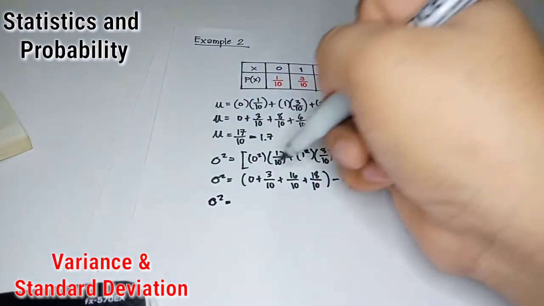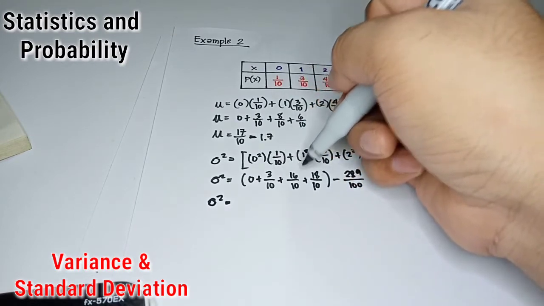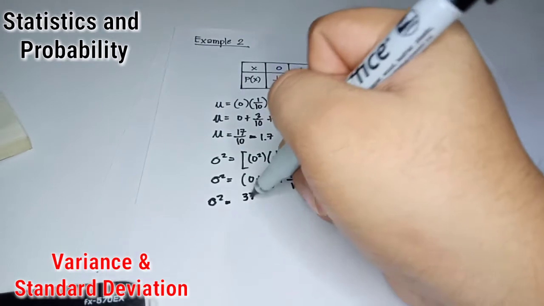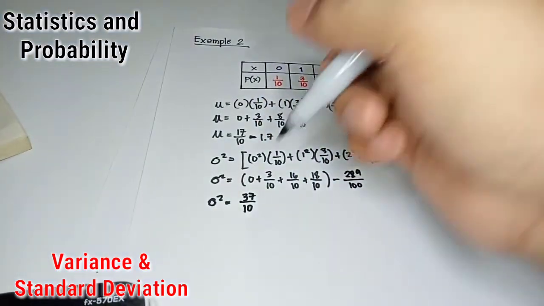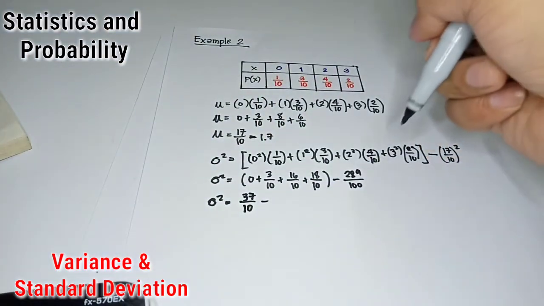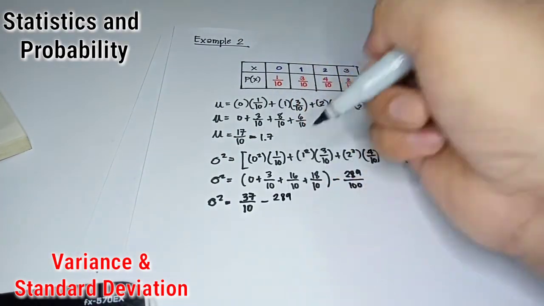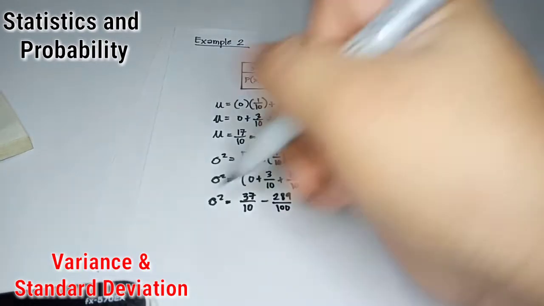And then let's add it. 3 plus 16 plus 18, you'll get 37. So 37 over 10 minus the square of the mean, that's 289 over 100.